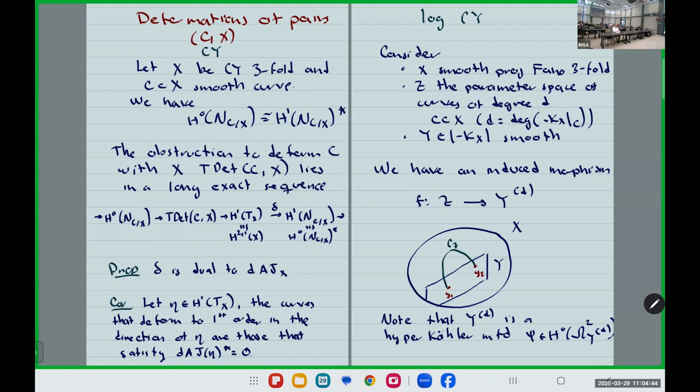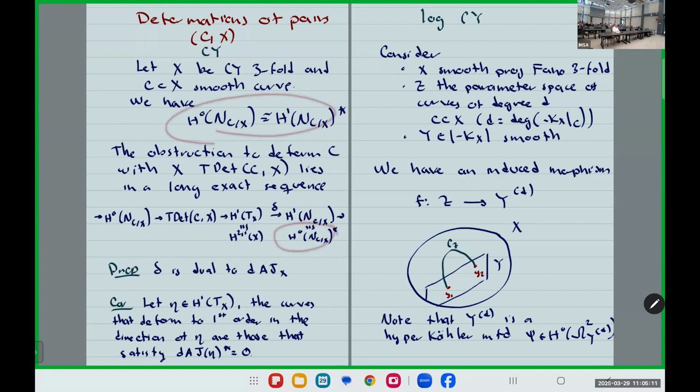The most important part of this sequence is that we have a map from H1 of T_X going to H1 of the normal bundle of C in X. This one, I can write as H1 of omega 2 of X by multiplying by the holomorphic volume form.